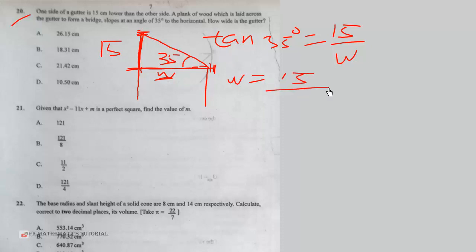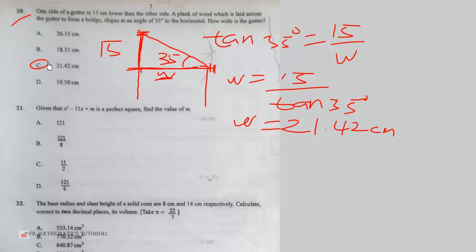So we can use tan 35 degrees, which will contain the opposite, which is 15 over the adjacent W. So W will be equal to 15 over tan 35 degrees. So that will be equal to 21.42 centimeters, which is option C.